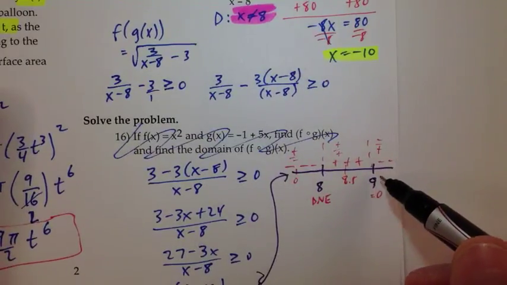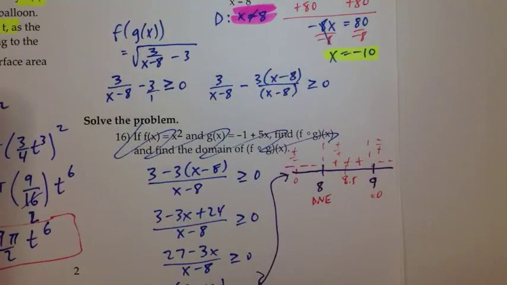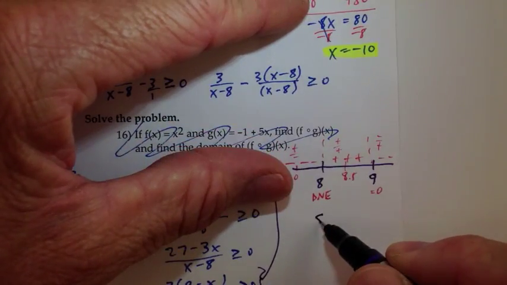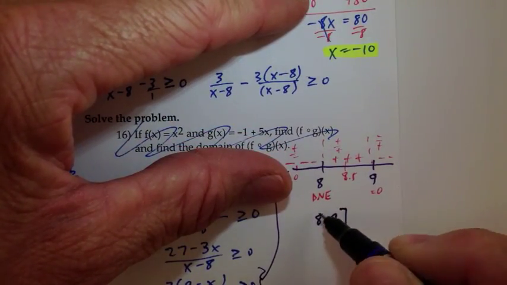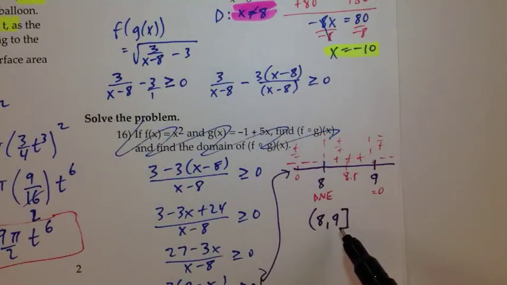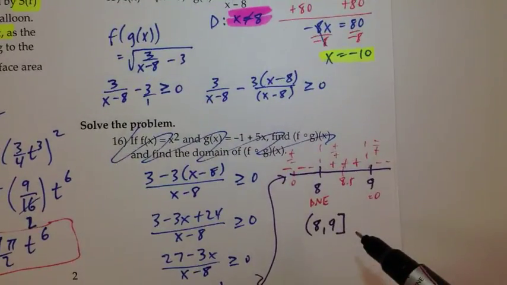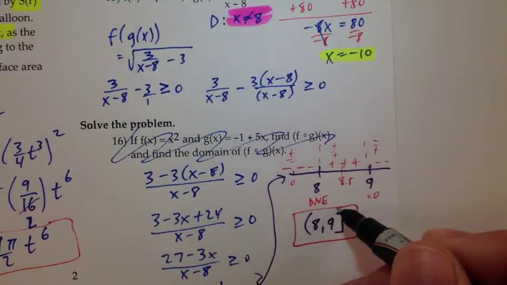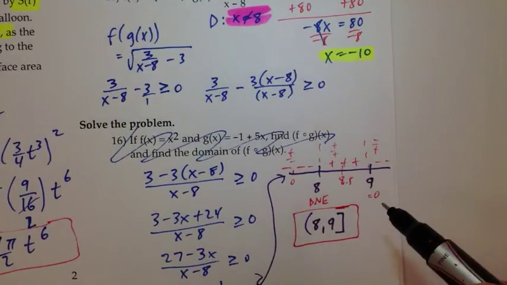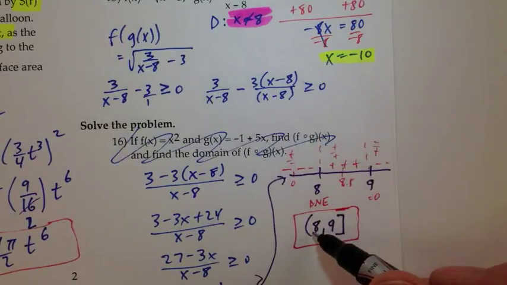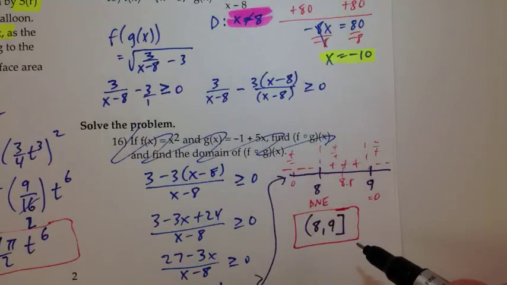So on the interval from 9 to infinity, what's under the radical is negative. And so finally we see that the interval from 8 to 9, not including 8, but including 9, would be our domain of f of g of x, because we already eliminated 8 anyway, and I'm kind of hoping for an example in which that domain restriction on g got eliminated. But all real numbers between 8 and 9, not including 8 but including 9, would be the domain of the function f of g of x for number 15.